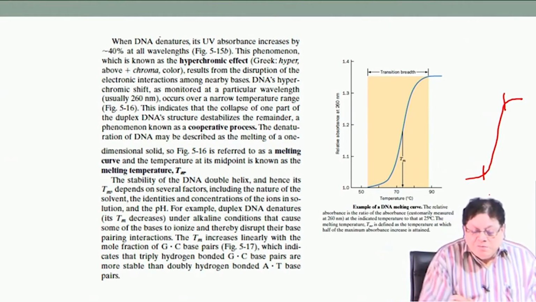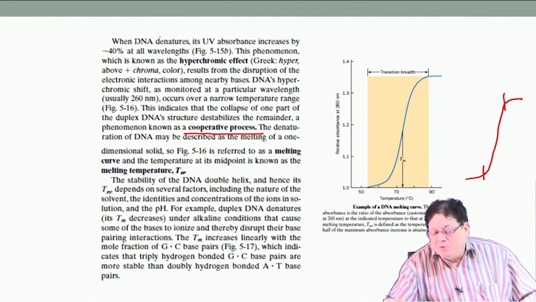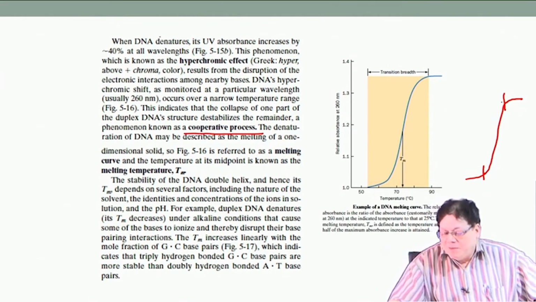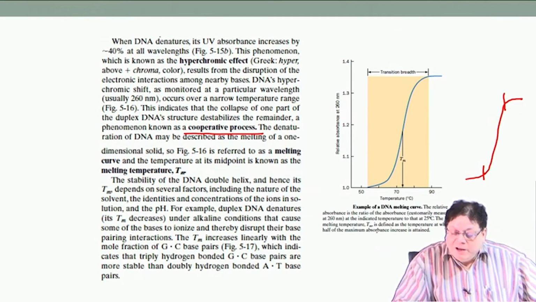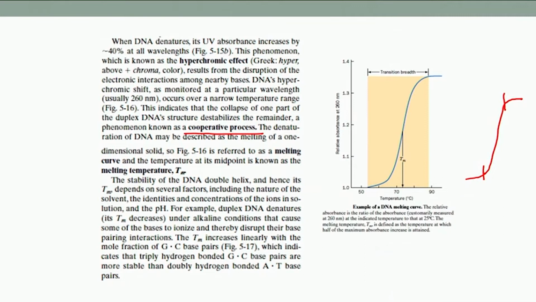So this cooperative process makes it happen within a very narrow range of temperature. Okay. Now, this is a graph which is obtained by plotting the relative absorbance at 260 nanometer. Relative absorbance means with relation to some absorbance.